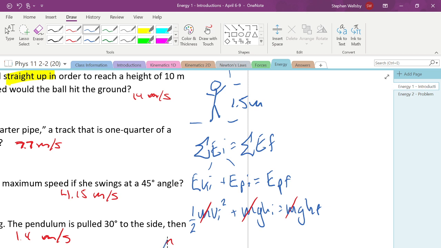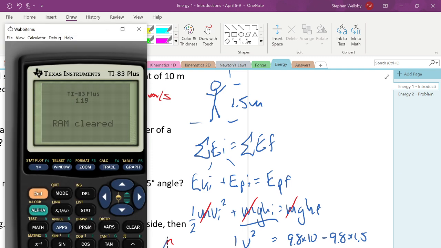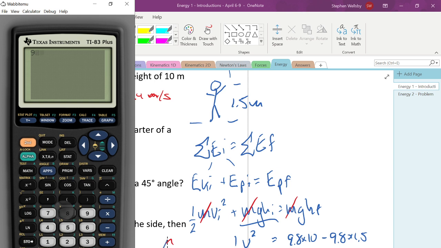Now this is one way of solving it, and we could go ahead and solve that. If we do the algebra for this, we're going to have 9.8 times 10 minus 9.8 times 1.5 equals 1/2 v squared, and this would be 9.8 times 10 minus 1.5, which is 8.5.